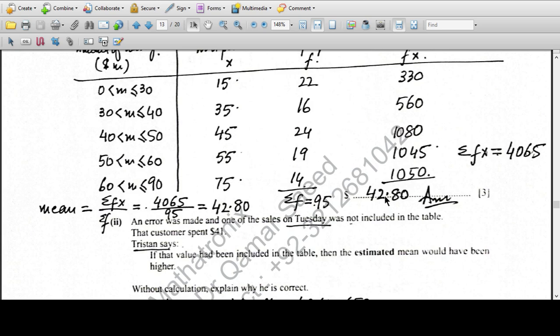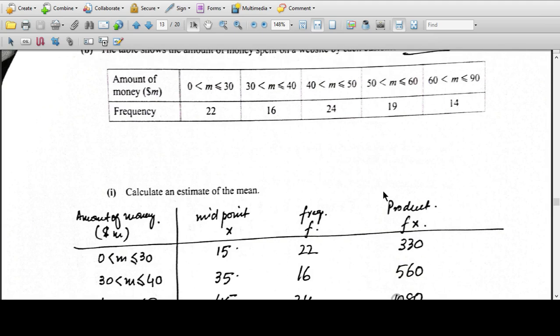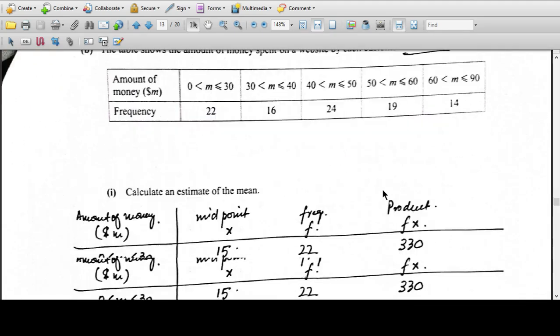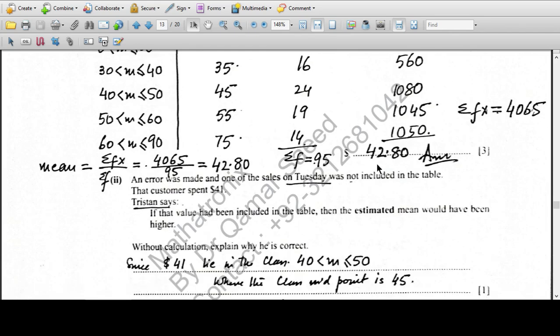So the estimated mean amount that a person spent from this graph is $42.80.